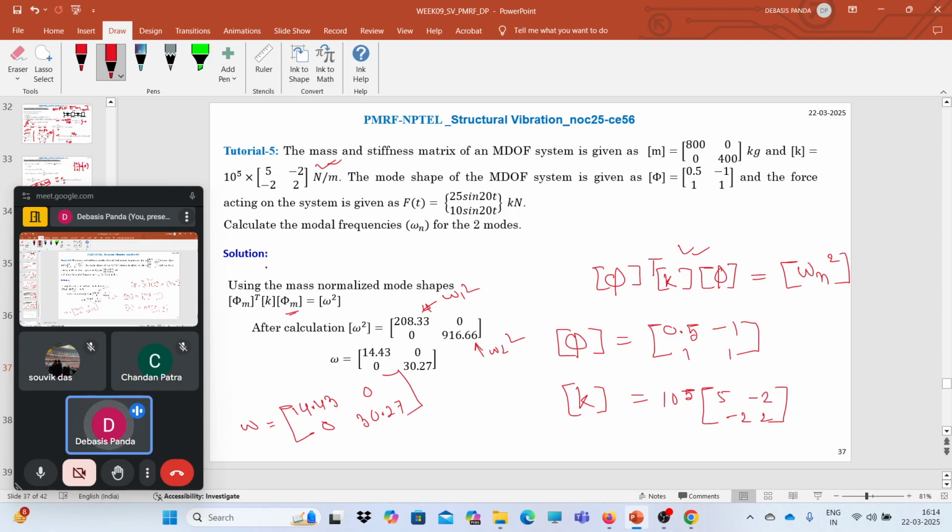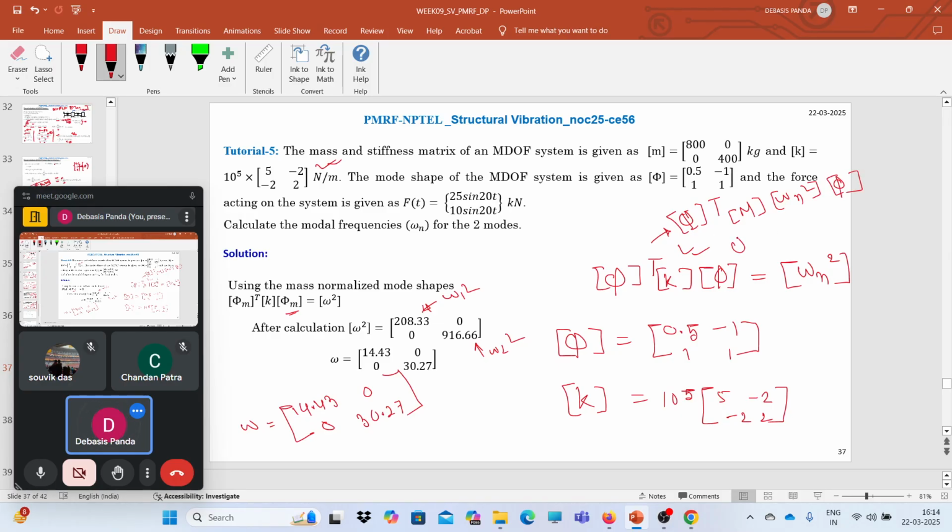We use the orthogonal property of the modal stiffness matrix, right? How does this actually happen? Phi transpose k is equal to m omega n square into phi.